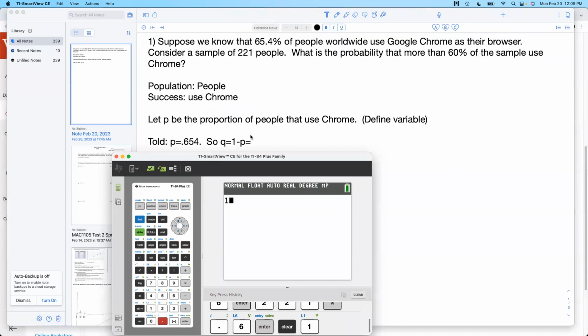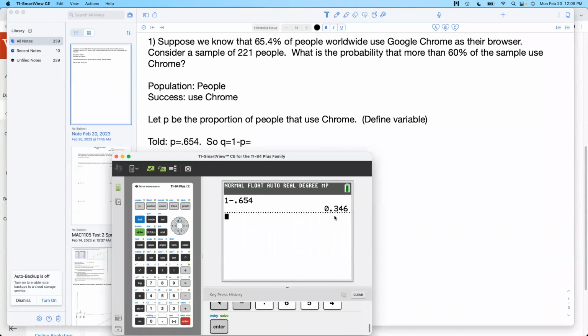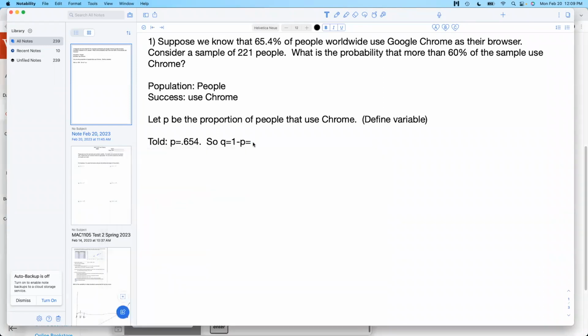So 1 minus 0.654 is 0.346. So 34.6% of people don't use Chrome. They fail at using Chrome.